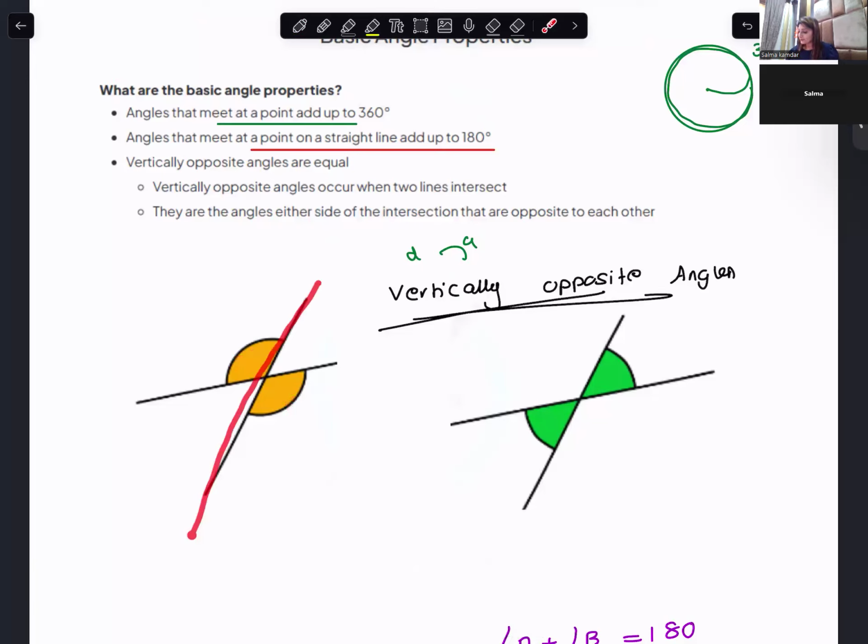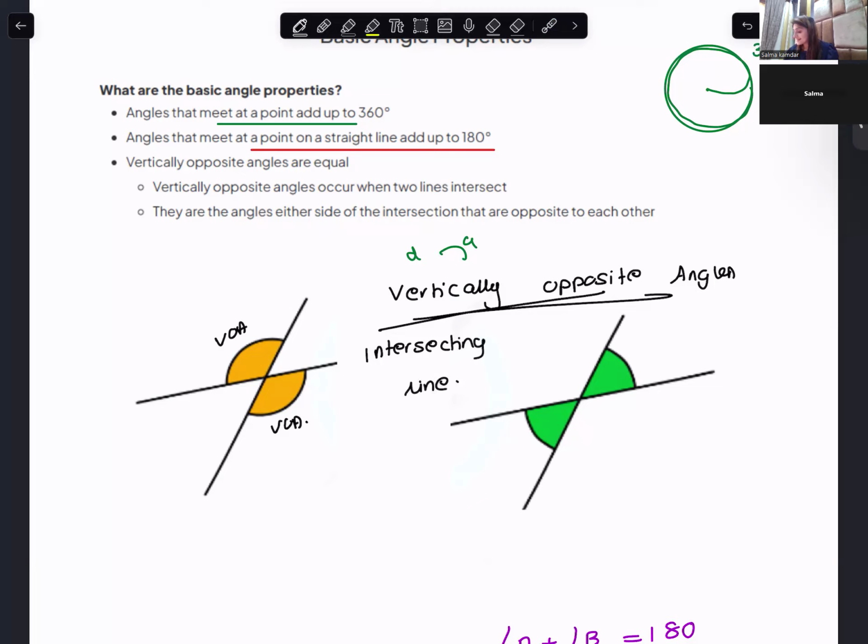Whenever I have two lines and these two lines intersect each other, that means they join each other, then the angles that are formed are called vertically opposite angles, VOA.